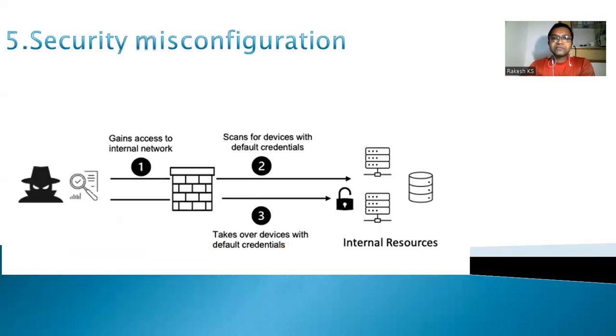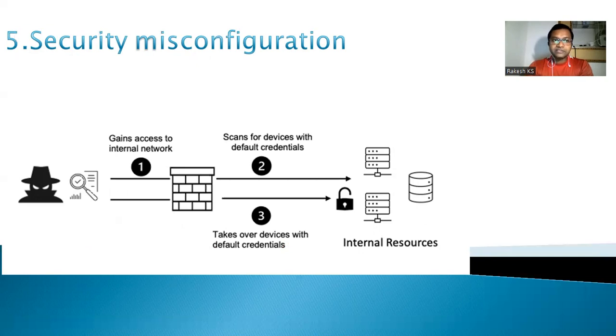Next one is security misconfiguration. Usually when you are doing security designs, you have to make sure the designs are up to date. When an attacker is continuously monitoring a particular server, that server should send a malicious activity alert to the owner or the admin.